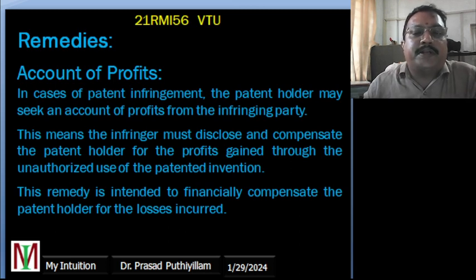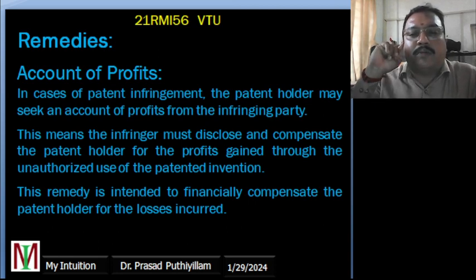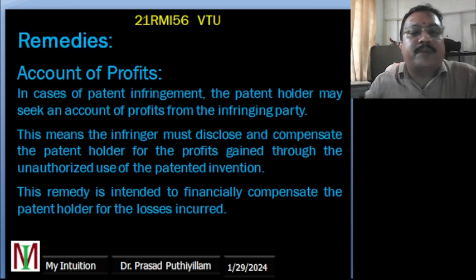Or second one, account of profits. In case of patent infringement, the patent holder may seek an account of profits from the infringing party. This means that the infringer must disclose and compensate the patent holder for the profit gained through the unauthorized use of the patented invention. This remedy is intended to financially compensate the patent holder for the losses incurred.